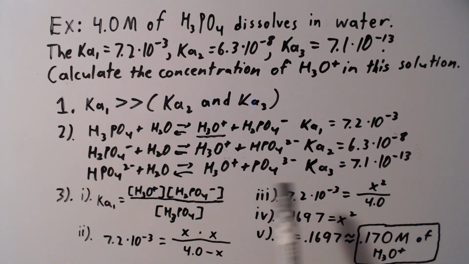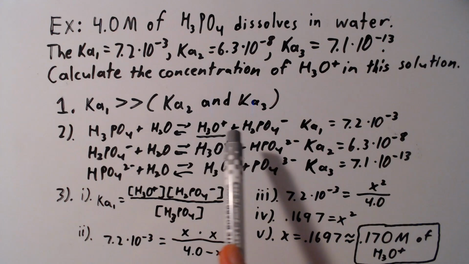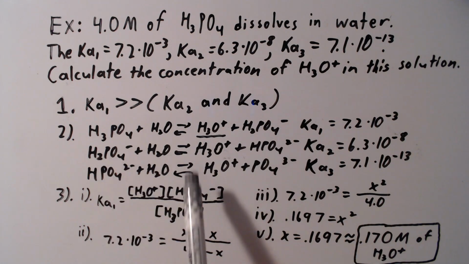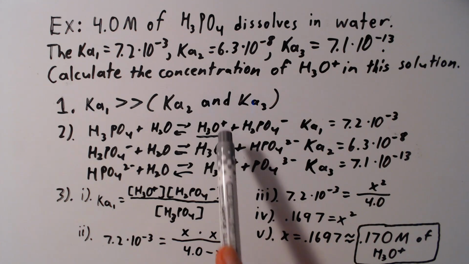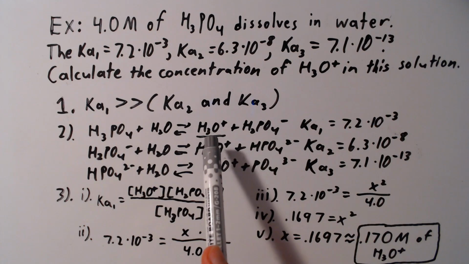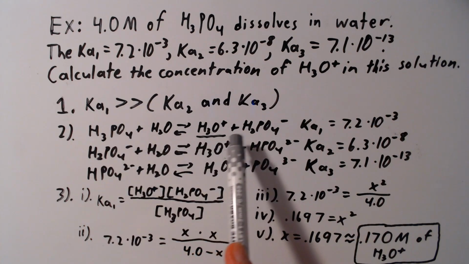And that basically means that this reaction happens to a much, much greater extent than these other two lower reactions. So although each of these reactions contribute H3O plus to the solution, we should probably only care about this first reaction, because it produces the most H3O plus.